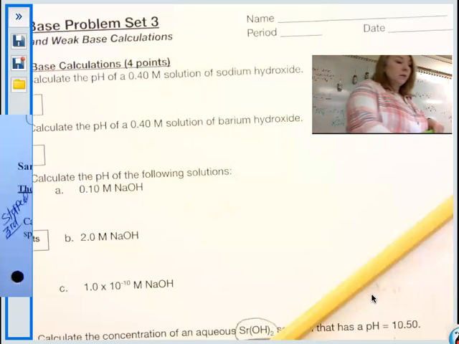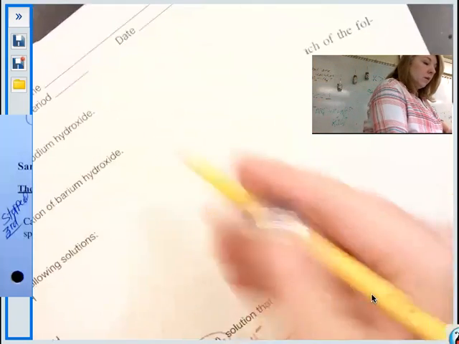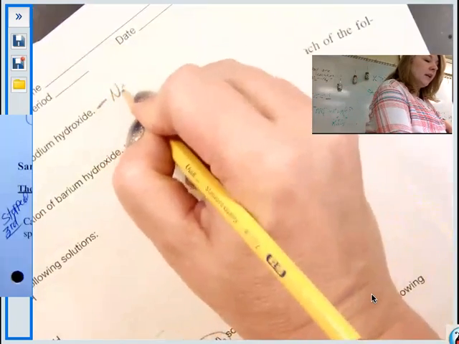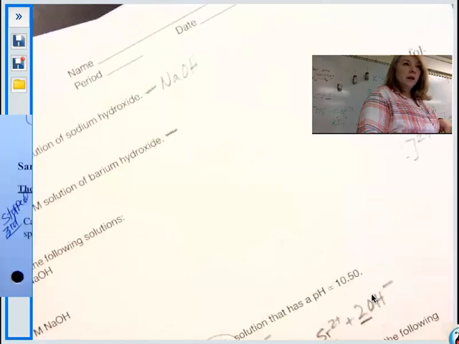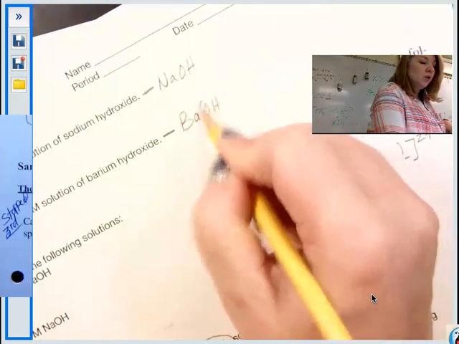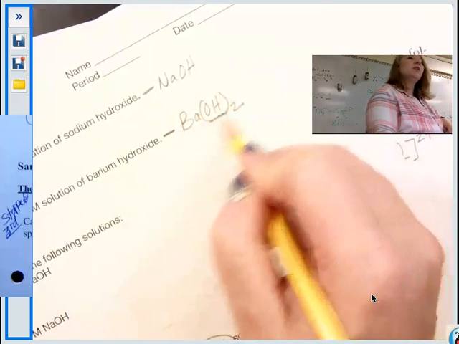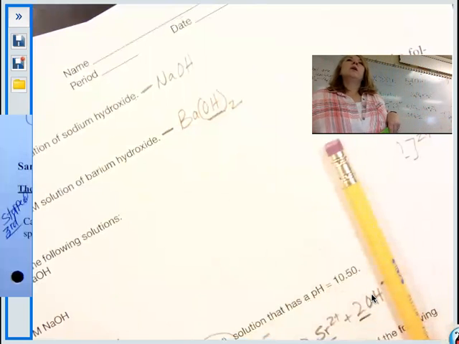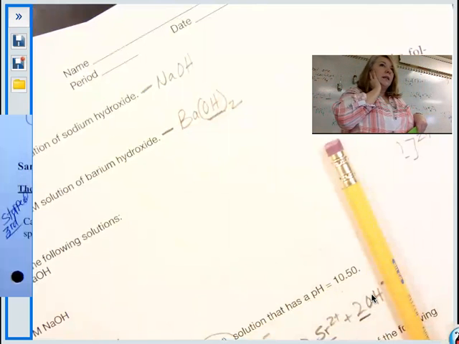Because on number 1, sodium hydroxide is NaOH, right? Barium hydroxide is Ba(OH)2. You have twice as many hydroxides in there. So when that breaks apart, you're going to have a 2-to-1 ratio with your original concentration to your hydroxide ion. You just have to multiply it by 2. And then take the negative log of it because it's a strong base.